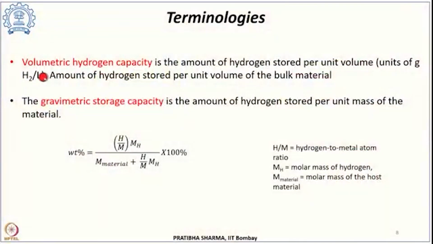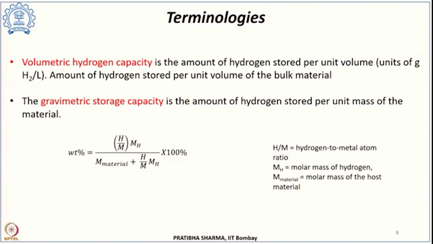Now, let us understand some of the terminologies which are commonly used in metal hydrides or solid state hydrogen storage systems, like the term volumetric hydrogen capacity. Volumetric hydrogen capacity represents the amount of hydrogen stored in that system or material per unit volume, that is, grams of hydrogen per liter.